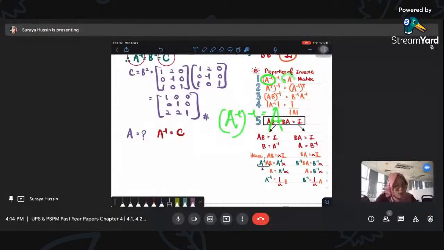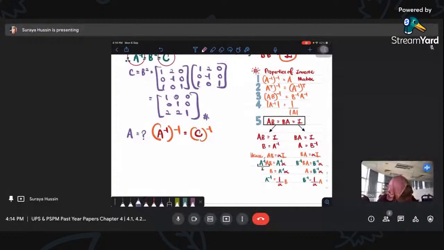So that is what we want to do. We do not want A inverse. By using the property, you apply the inverse on both sides, of course. You cannot do it on one side only. Both sides must have the inverse. And so you meet A.